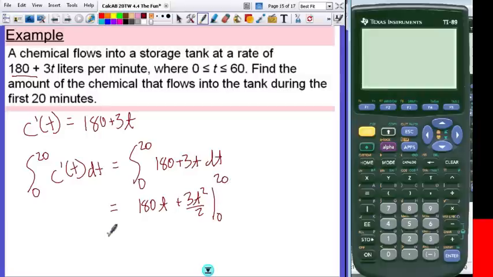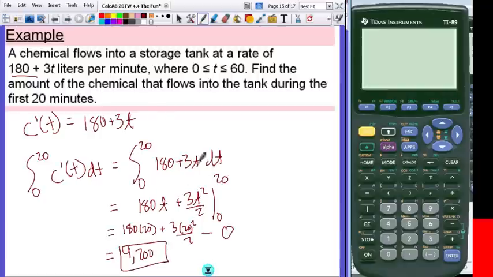Let's plug in those values. I plug in 20 for t and get 180 times 20 plus 3 times 20 squared over 2, and then minus 0. When you plug in 0 for both of those terms, it just comes out to 0, so it doesn't matter. Doing the math on all that, you should get 4,200. And there's your answer. All right, that is it.